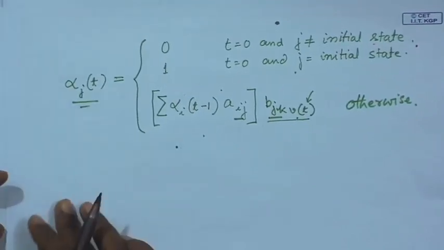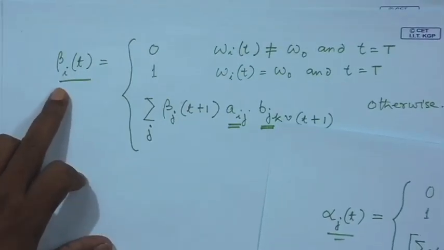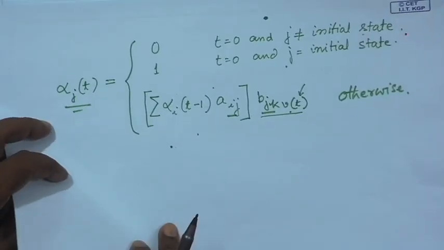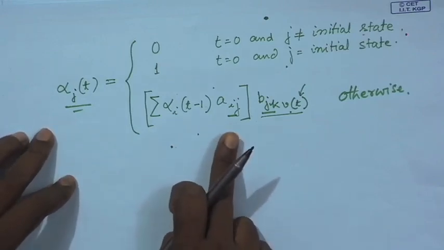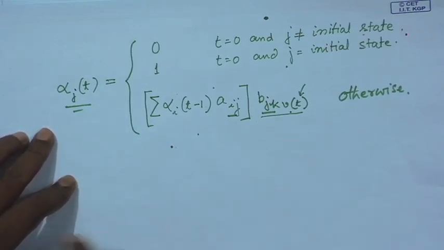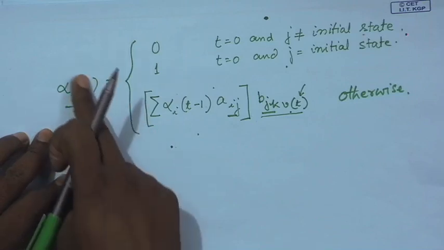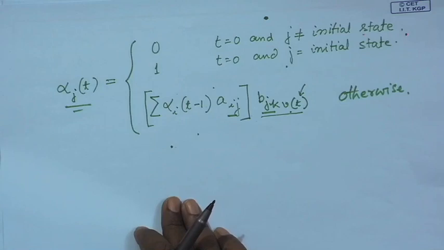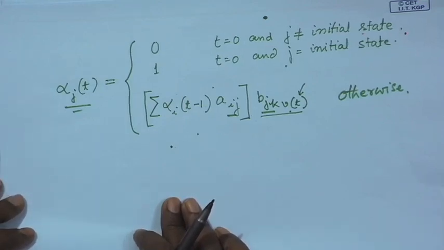So, initially I do not know what are the proper values of a i j and b j k. So, the estimates of this alpha j t or this beta i t are not the correct estimates, because I do not know what are the exact values of a i j and b j k. So, these estimates are only some approximation, they are not exact, as a i j and b j k are not exactly known. So, what is the way out?